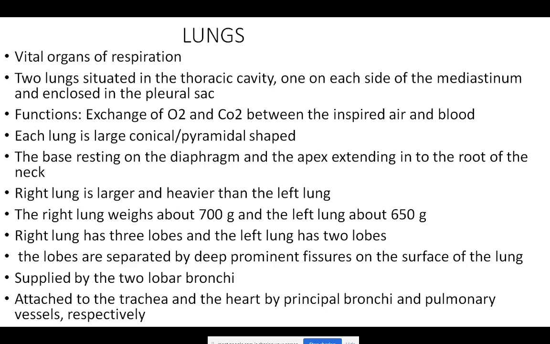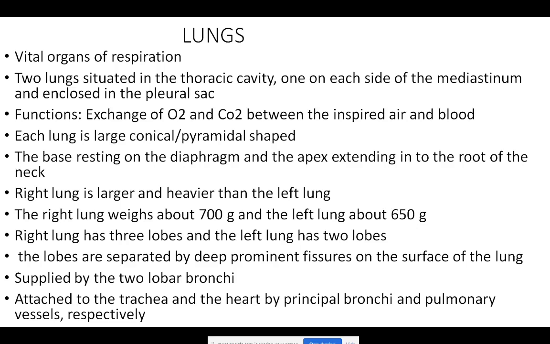The right lung is larger and heavier than the left lung. The right lung weighs approximately 700 grams, whereas the left lung is about 650 grams. The right lung has three lobes, whereas the left lung has two lobes, okay?